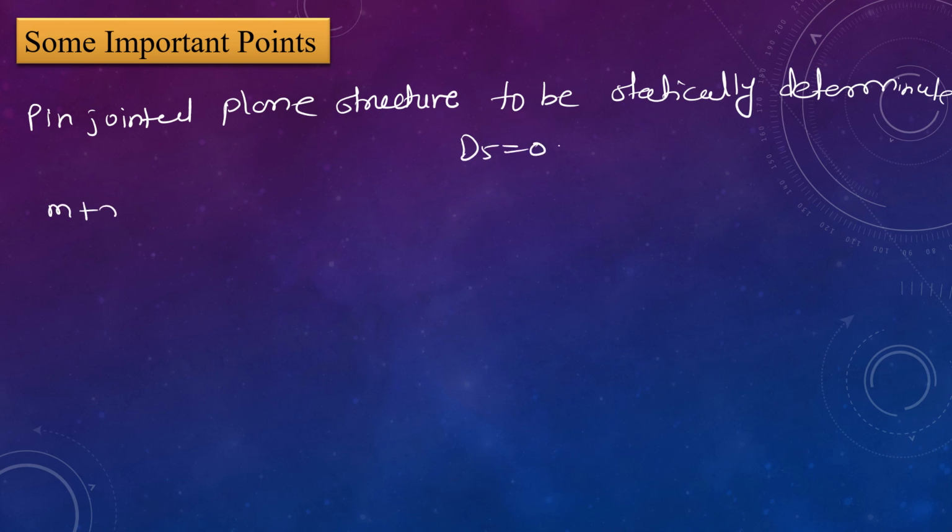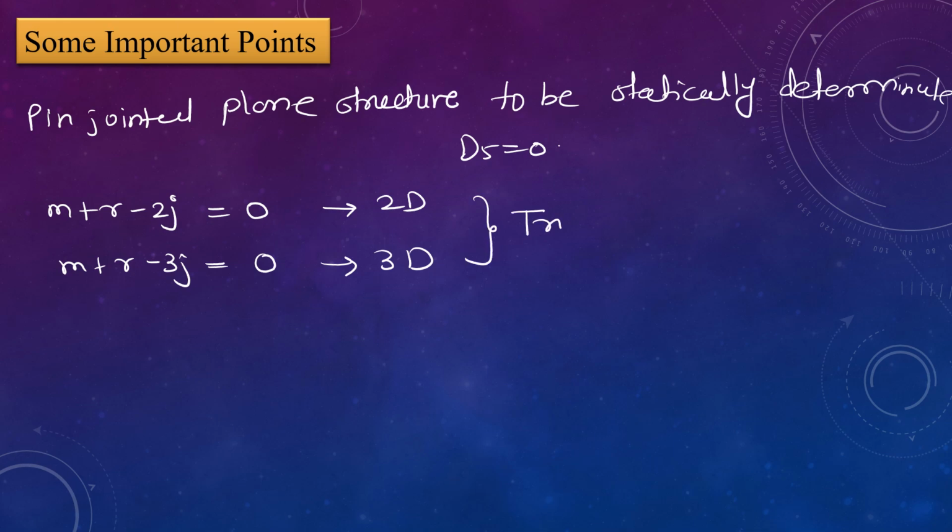M plus r minus 2j equal to 0 for 2D, and m plus r minus 3j equal to 0 for 3D. Both formulas are for truss or pin jointed structure.